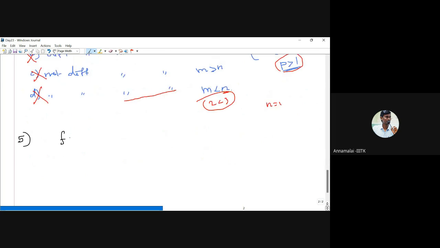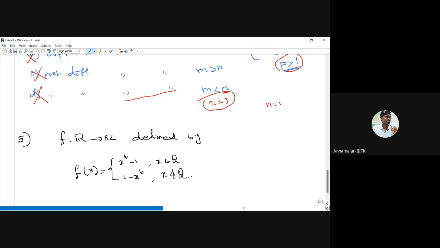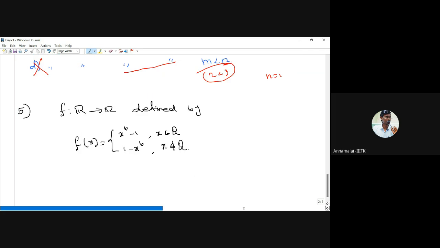Suppose your function is defined from R to R, defined by f of x equal to x power 6 minus 1 if x is rational, and 1 minus x power 6 if x is irrational, that is x not in rational. Then find the number of points at which f is continuous. So how many points is the function continuous?